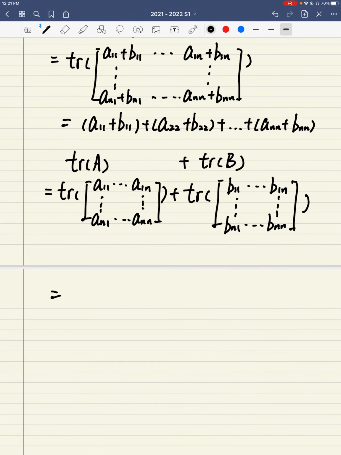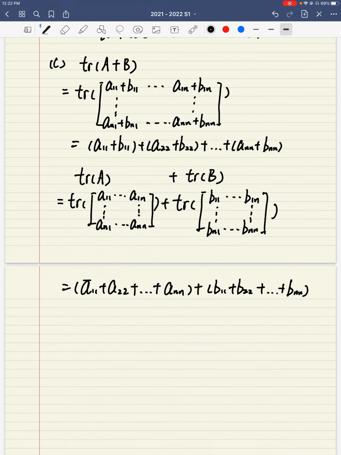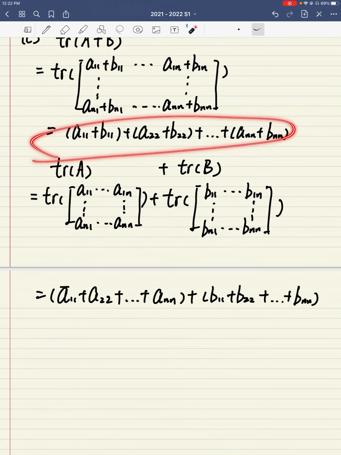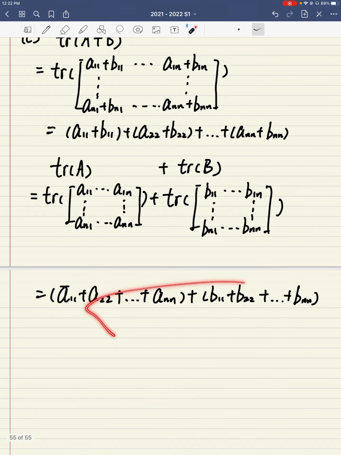So trace A is A11 plus A22 plus all the way to Ann, and trace B is B11 plus B22 plus all the way to Bnn. You can see these two are exactly the same thing. The order of the sum is different, but the sums are the same.